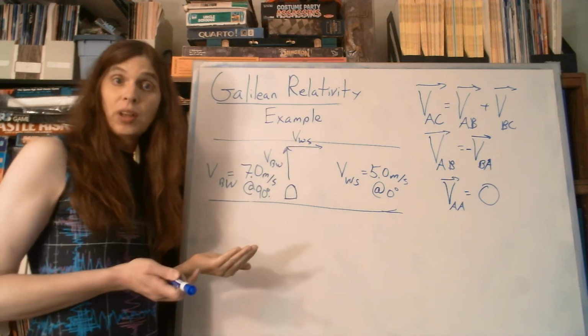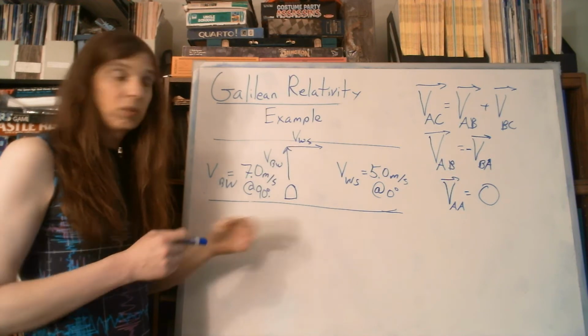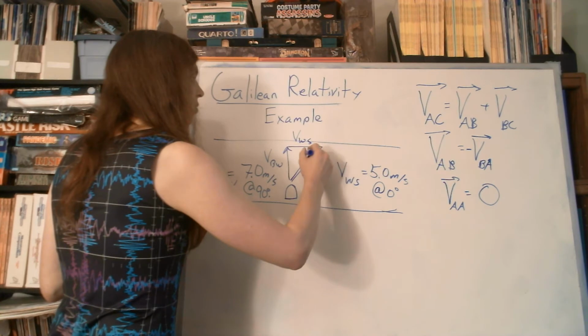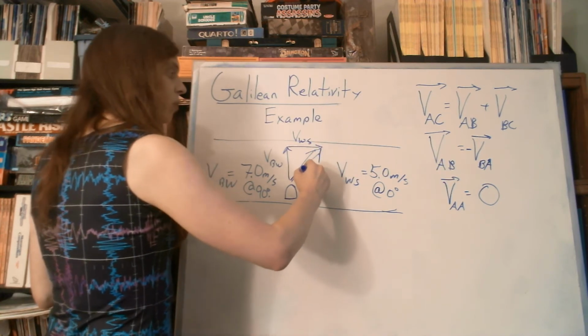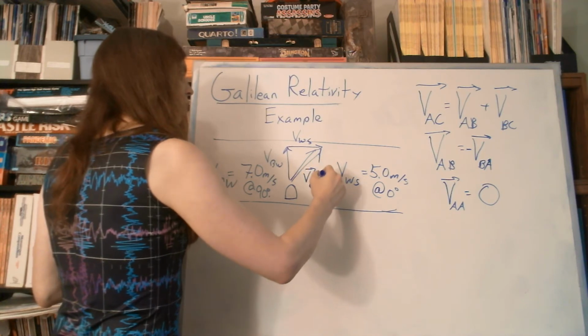And I want to know, well, what's that velocity relative to the shore? So we're trying to find a resultant vector, and that resultant vector is the velocity of the boat relative to the shore.